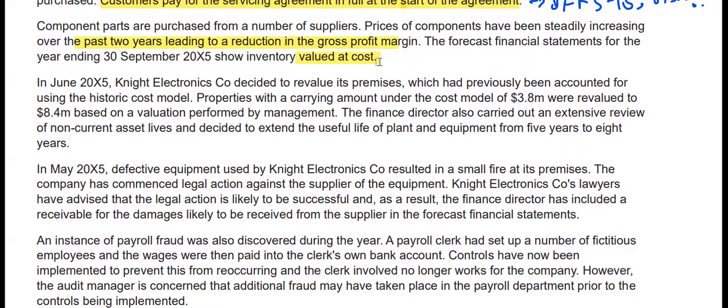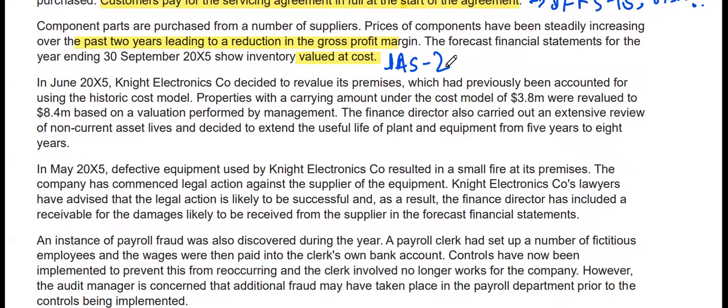You wrote that by copy-pasting the lines from the question screen. Then you should highlight the applicable accounting standard. And what is the applicable accounting standard here? IAS 2. And if some students have forgotten which accounting standard applies here, they can write "applicable accounting standard" instead of writing an incorrect accounting standard number.